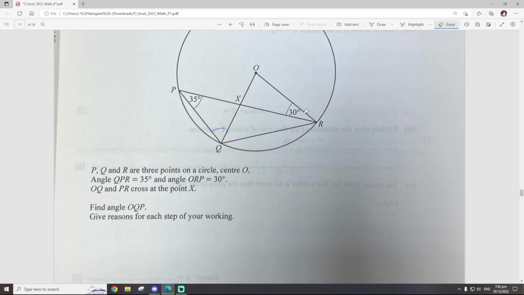So let's work things out one at a time. What is this? 70 degrees, right? We'll write down the reasons. Angle QOR equals 70 degrees. Angle at center equals 2 times angle at circumference.